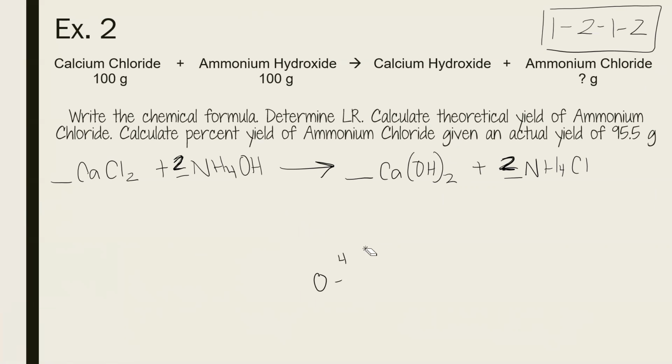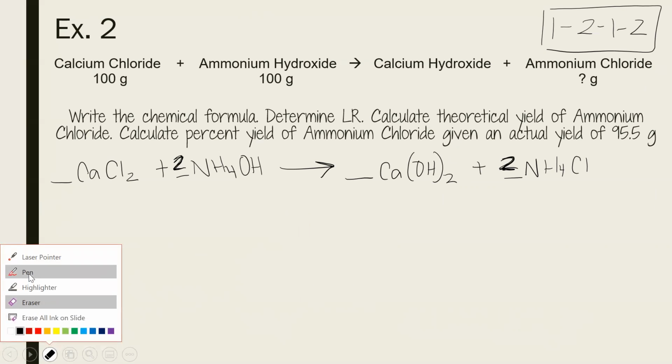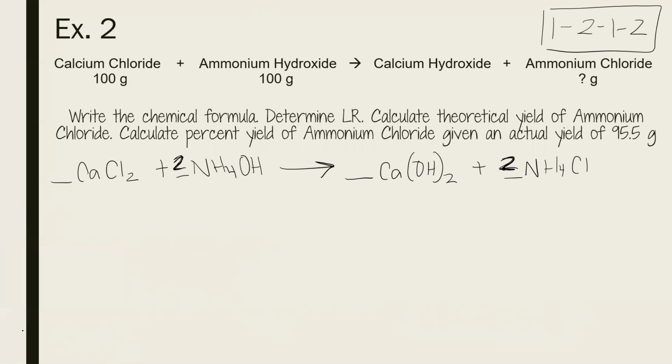Okay, so now that I've written and balanced it correctly, I can actually start chapter 9, specifically 9.2. Step 1 is determine the limiting and the excess reactants. So I only care about those reactants. I'm going to start with calcium chloride, but you can start with whatever you want.